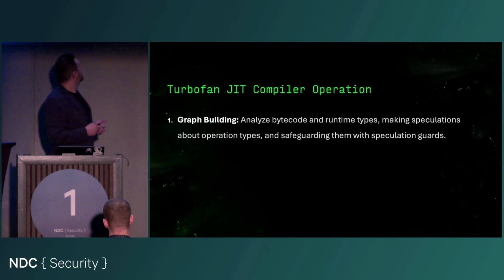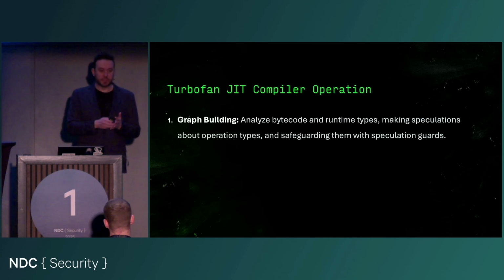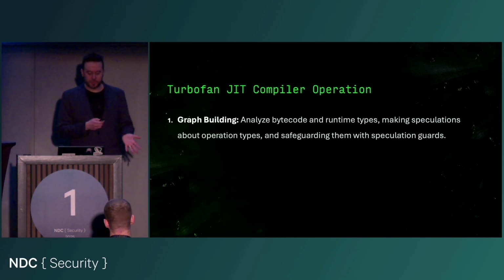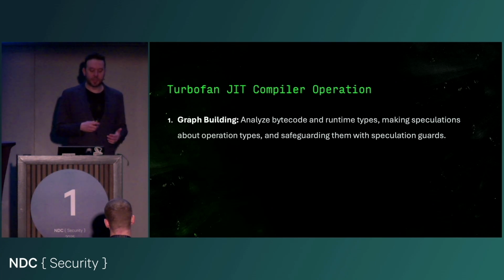So first of all, what TurboFan does is build a graph. It analyzes the bytecode at runtime and makes speculations about whatever operation the function has to do and what types are involved. And it tries to have some kind of safeguard with something called speculation guards, because we mentioned that JavaScript is dynamic, so types can change.